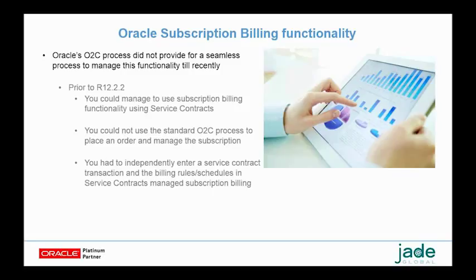So if you had an order to cash cycle which has an opportunity which turns into a sales order, and you wanted to seamlessly move that through your order to cash cycle, there is a gap where you need to actually break that up by not putting the subscription model sale through that cycle, but having to go through a different cycle, which is from service contracts. You could not use the standard Oracle order to cash process to manage that one particular line item which manages subscription. You have to independently enter a service contract because that's what manages the billing schedules in Oracle.